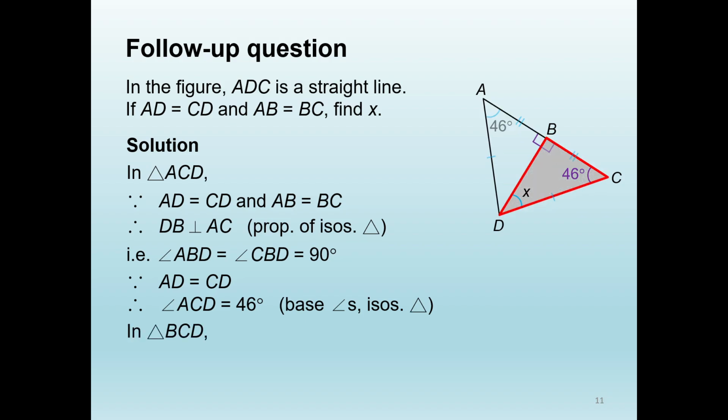And then later on, we focus on the triangle BCD. There are 3 interior angles already, so we may apply the angle sum of triangle. The sum is 180 degrees. By solving the equations, then we can find out x is 44 degrees.